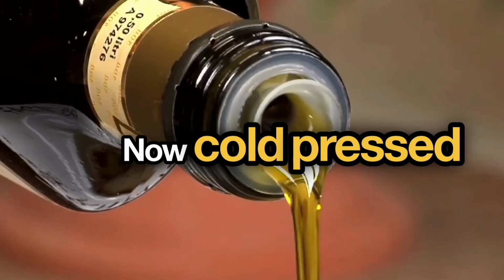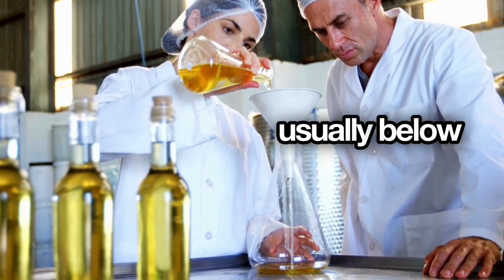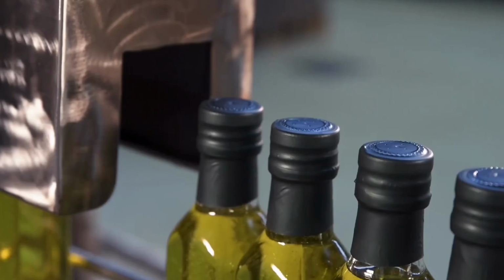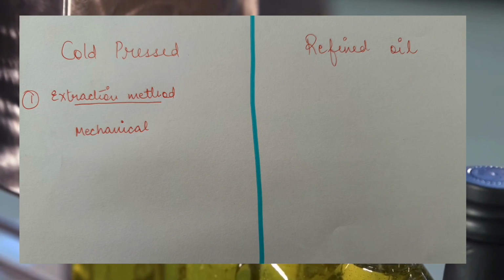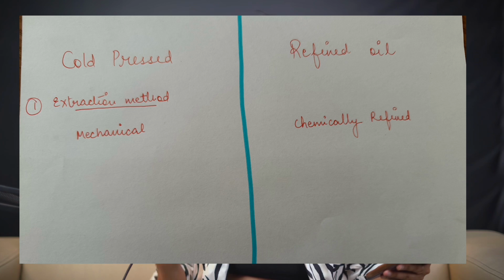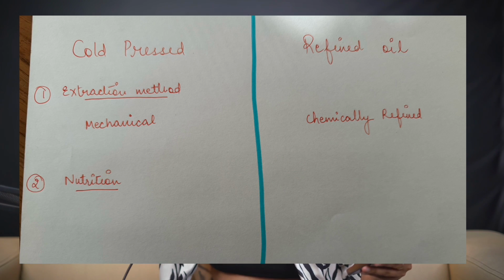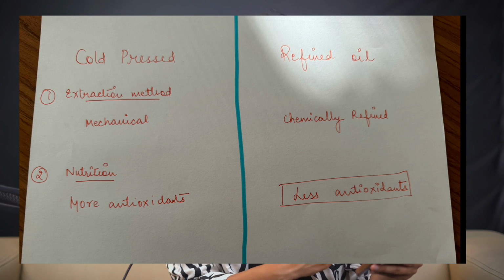Now cold press oils are extracted at lower temperatures, usually below 122 Fahrenheit, using mechanical pressing methods. This helps them retain more of the natural flavor, aroma and nutrients of the oil. Talking about the difference based on nutrition value, as we discussed, refined oil is extracted with a chemical process, and some of its natural antioxidants, vitamins and minerals are lost.